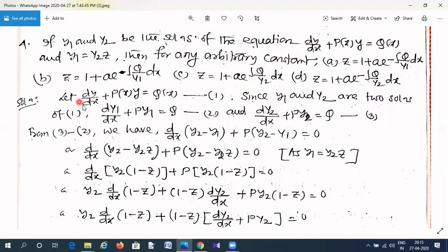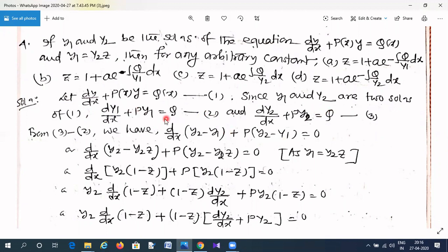So the given equation is dy/dx + P(x) y = Q(x). We are numbering it as 1. Since it is given that y1 and y2 are the solutions of equation 1, we get dy1/dx + P y1 = Q, and similarly dy2/dx + P y2 = Q. As y1 and y2 satisfy 1, we get these equations 2 and 3.